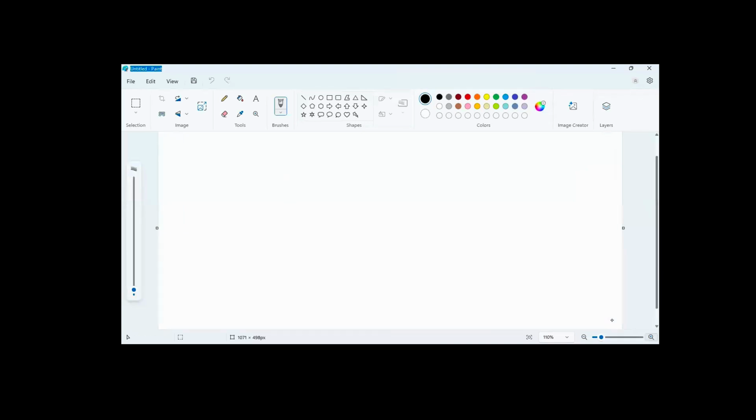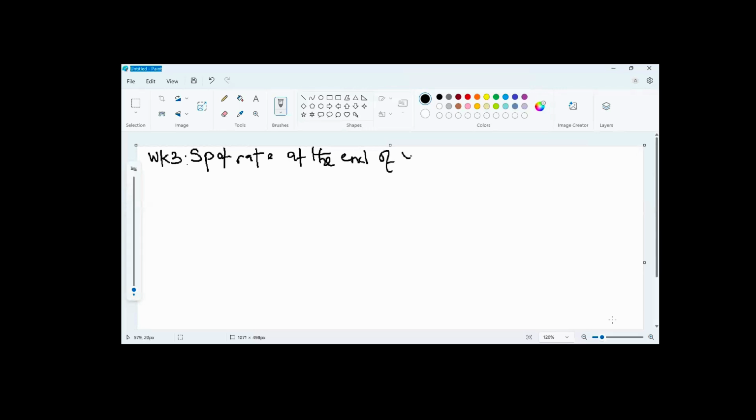Working out spot rates at the end of year 3, we are going to use bond C. Bond C is for 3 years maturity.